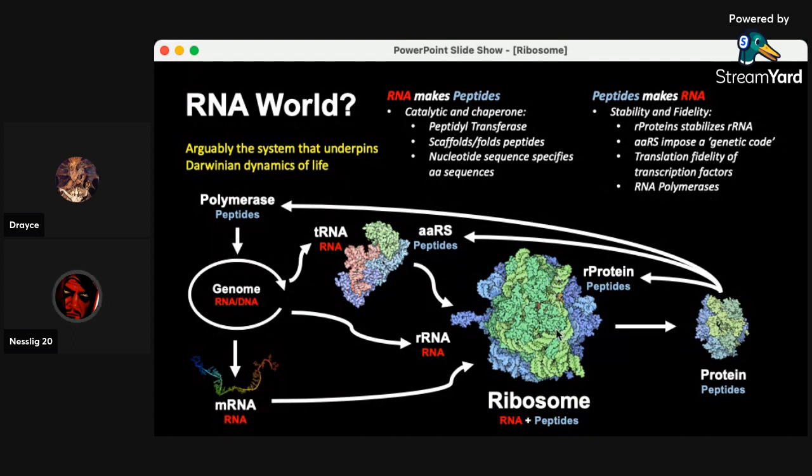I think some researchers have made a naked RNA without proteins. It's still able to perform some catalytic function, but it's certainly not as accurate in translation and as stable as the normal ribosome. So this system arguably underpins the Darwinian dynamic of survival and reproduction.